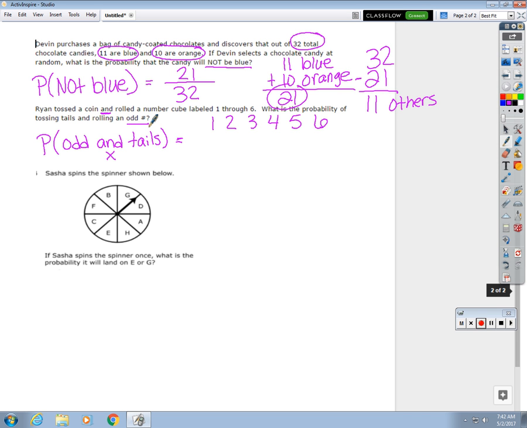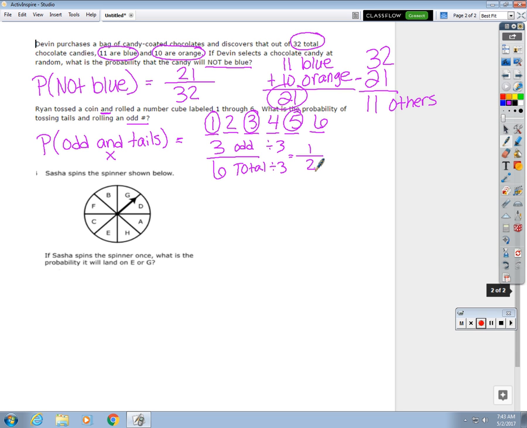So our odd numbers, I'm going to circle them. 1, 3, and 5. So there are 3 odd numbers out of 1, 2, 3, 4, 5, 6 total. And that can be simplified. 3/6 can be simplified. We can divide by 3 to reduce this fraction, which is 1/2. So the probability of him rolling an odd number is 1/2.